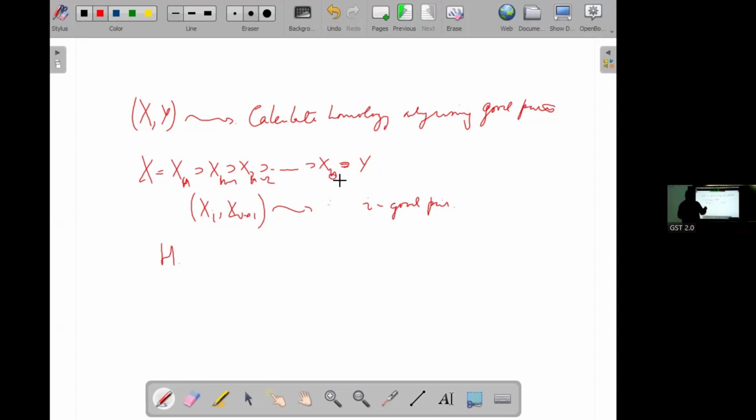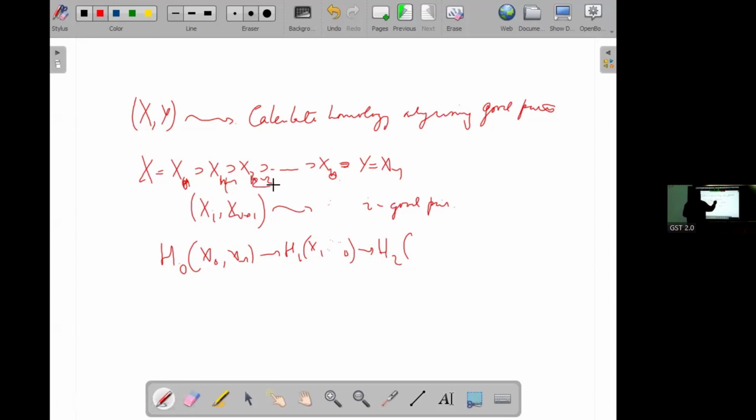So the map should go from H_0 to H_1 to H_2. Sorry, I'm going in the wrong direction. No, I have done it correctly earlier.